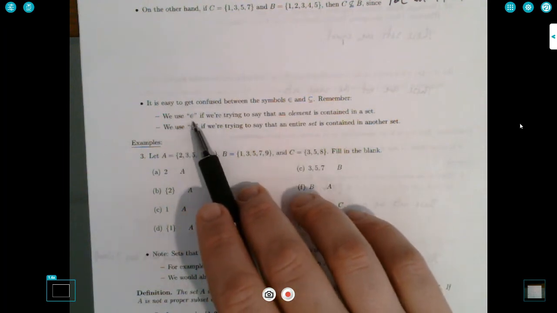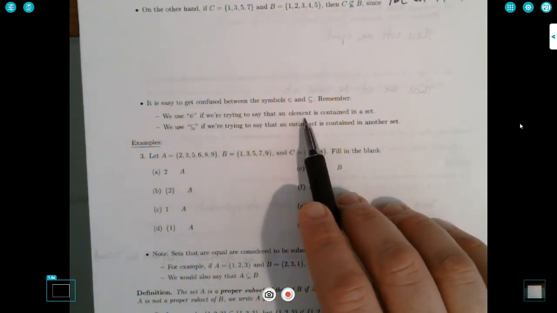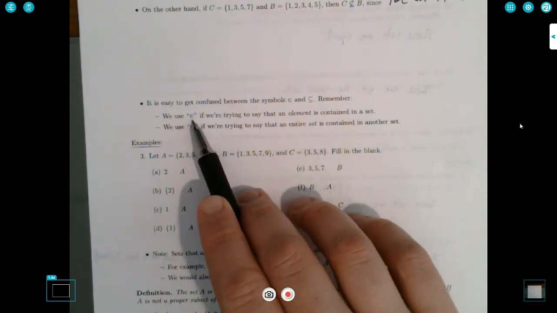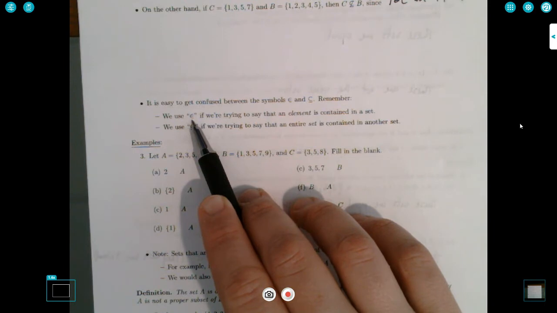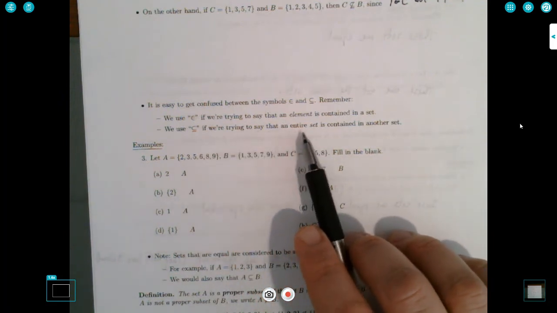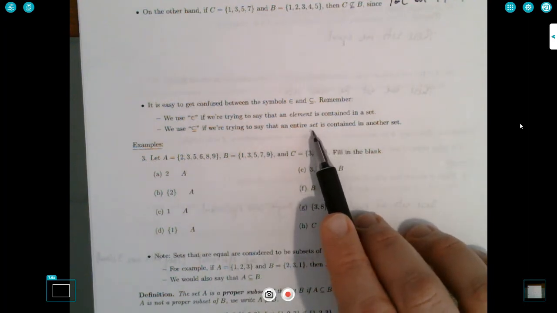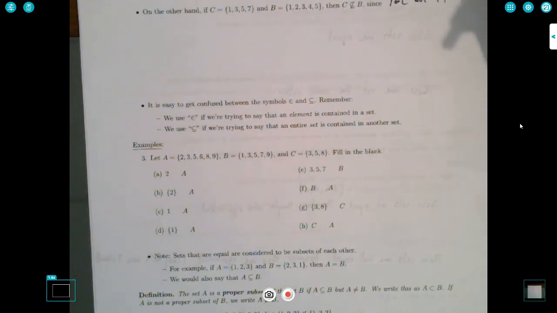We use this symbol if we're trying to say that an element is contained in a set, and it looks like an E, so you can think E for element. We use the subset symbol if we're trying to say that an entire set is contained in another set.